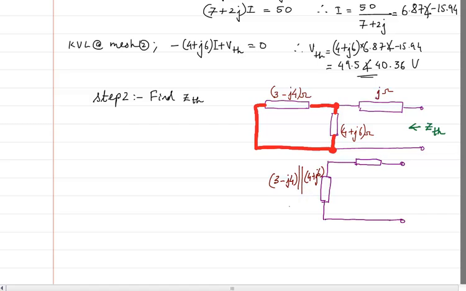they calculated this extensively. See, in the calculator all you have to do is (3 minus J4) the whole inverse plus (4 plus J6) the whole inverse, bracketed with the whole inverse.